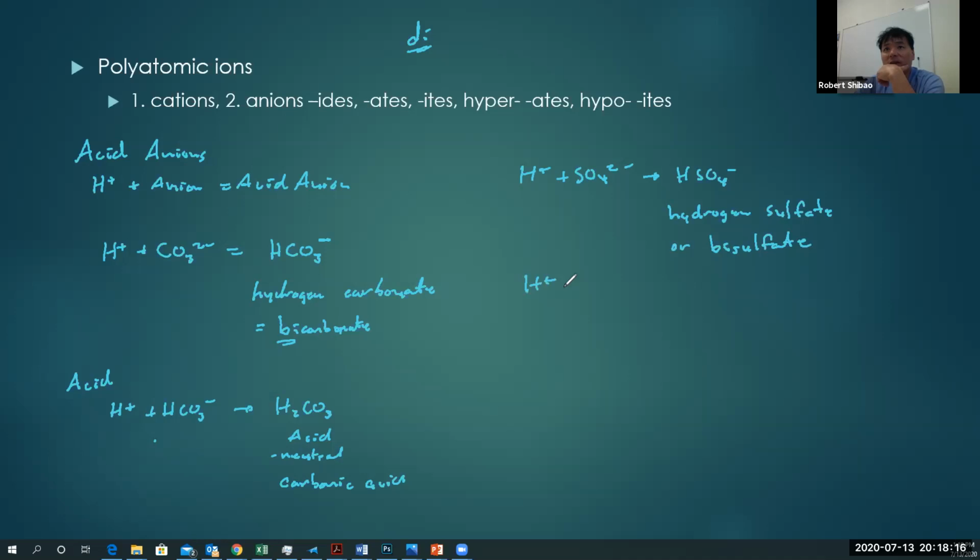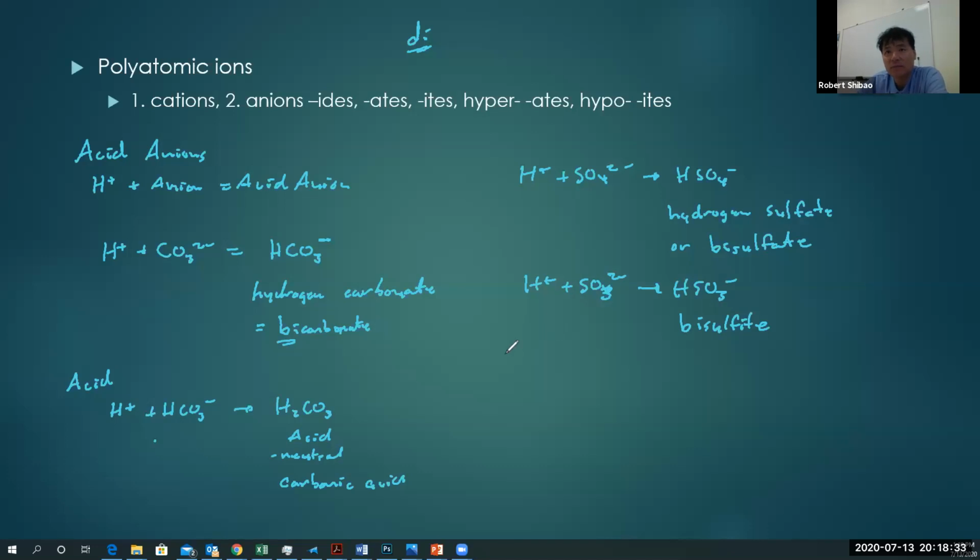H plus and sulfite, SO3 2 minus, makes HSO3 minus, which is bisulfite, or hydrogen sulfite.